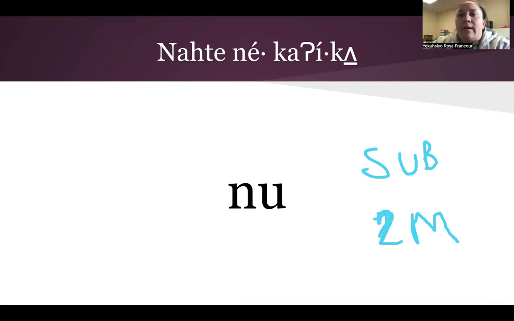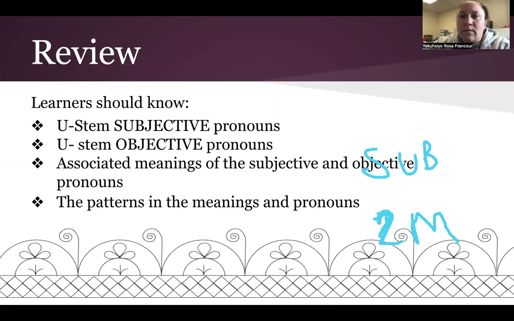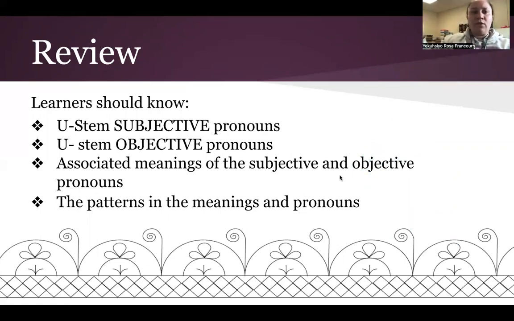All right. Okay, so trying to find my. There we go. Okay, so review. Learners should know the use stem subjective pronouns, the use stem objective, the meanings of the subjective and objective pronouns, and the patterns of both the meanings and the pronouns.